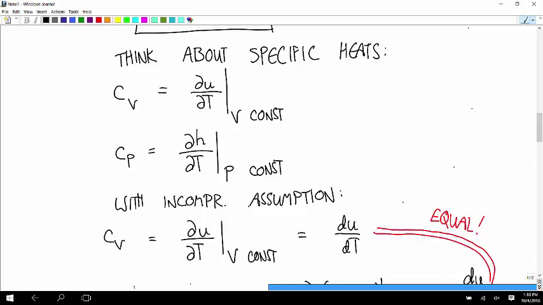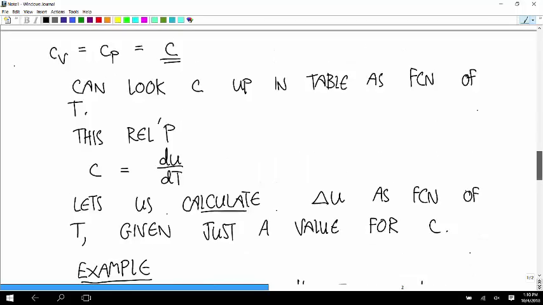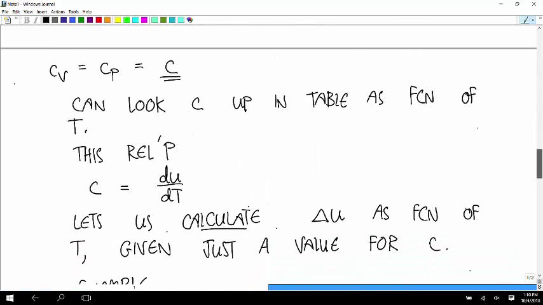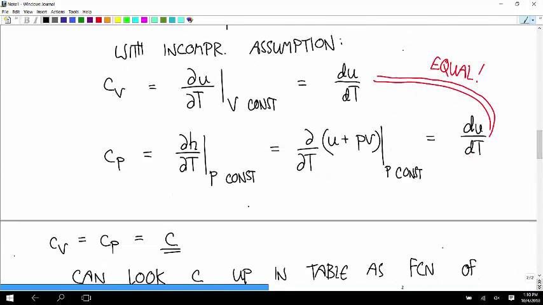So what that says, du/dT, okay, it's saying that these two are equal to each other, but that's not saying that du/dT and dH/dT are the same. Yeah, so that's where it comes from.